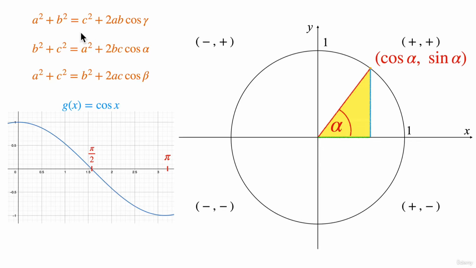Not equal, of course, because equality would mean that we have a right triangle. And if gamma is obtuse, then the cosine of gamma is negative, and then c squared must be obviously larger than a squared plus b squared.